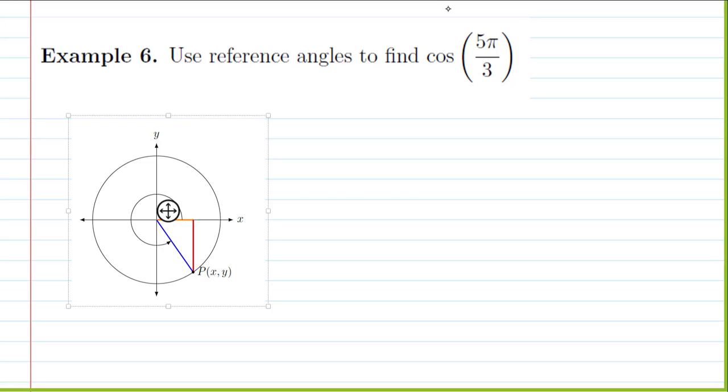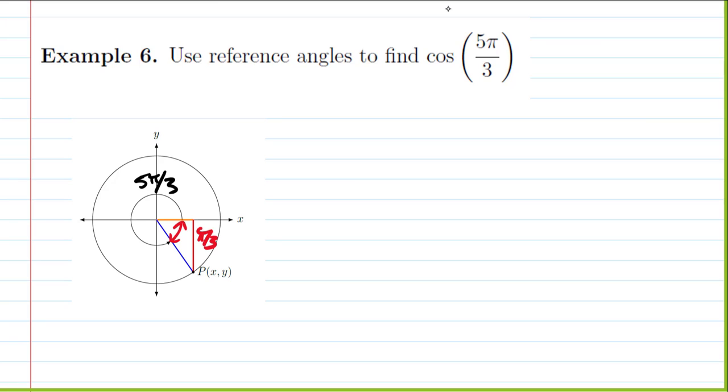So in terms of our picture, since we're in quadrant 4, we know that this angle is 5 pi over 3. So then our reference angle is whatever is left to get all the way around. So that's going to be pi over 3.